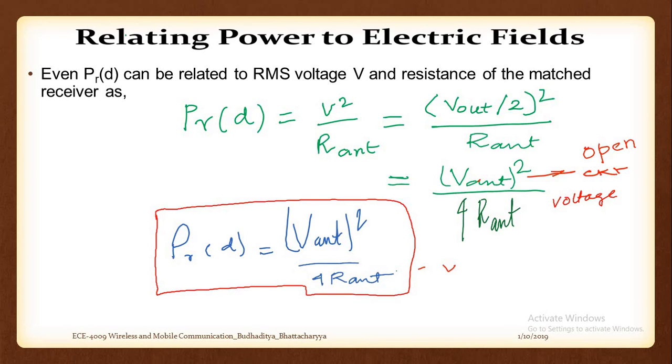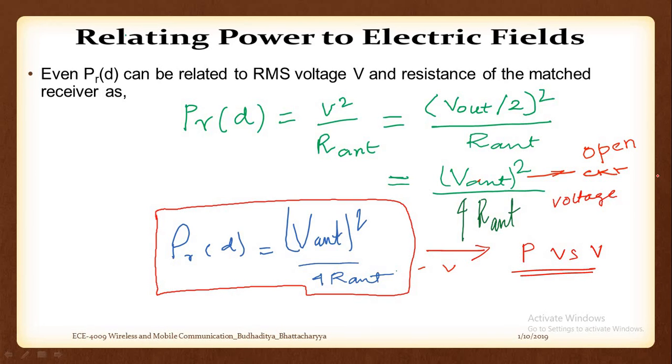So PR can also be related to V square by 4R. Please note down this last equation. Yes, it is all related to antennas and it also comes from fundamental electrical circuits. So this is the relationship between power and V with respect to free space modeling. Everything is with respect to free space. Okay. So you consider V square by 4R.